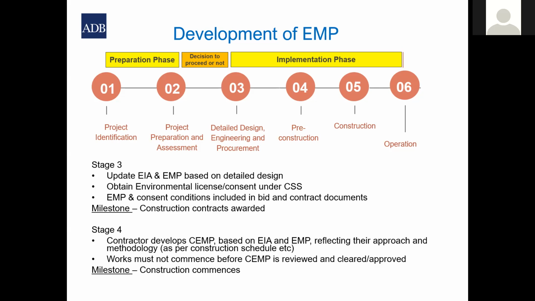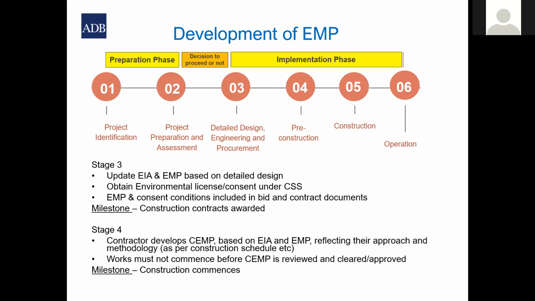It is reviewed and updated along with the detailed design, because typically what happens is during the detailed design, things change. You have an initial feasibility study, an initial preliminary design, but often when you get into the detailed design, things change. For example, the footprint of the project might change, the methodology might change as they go into detailed design.